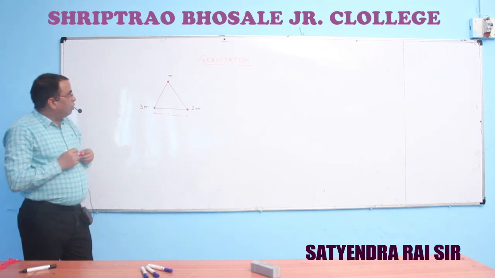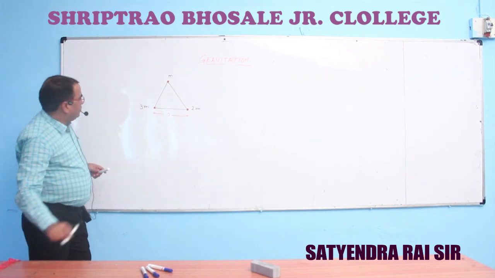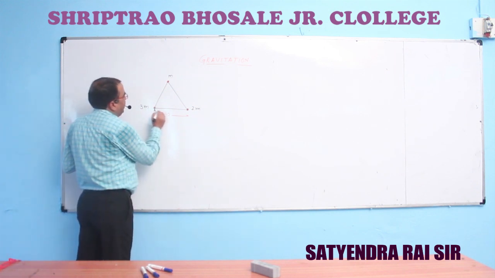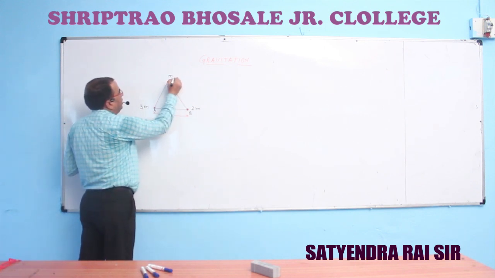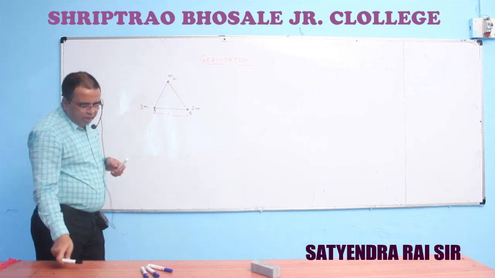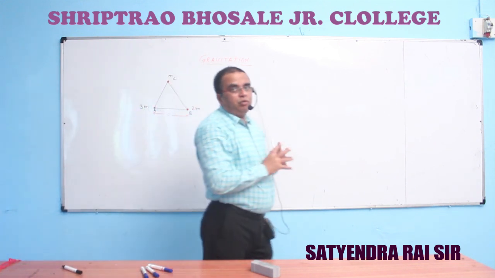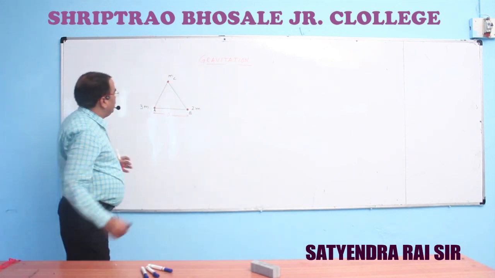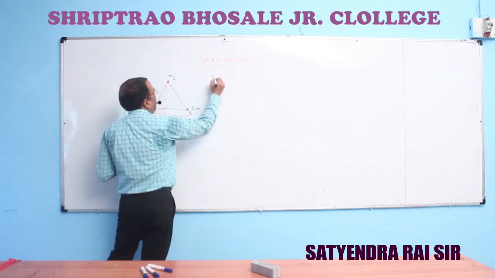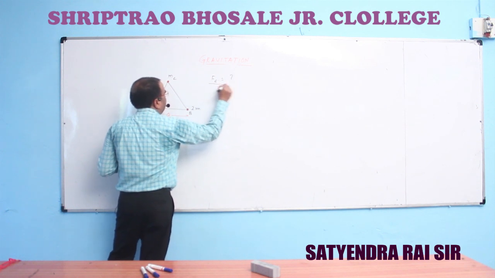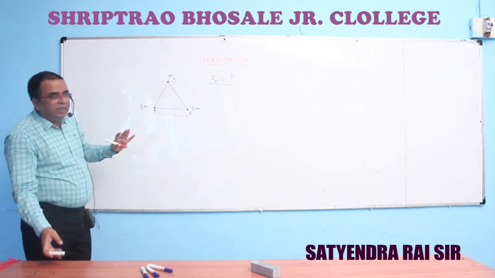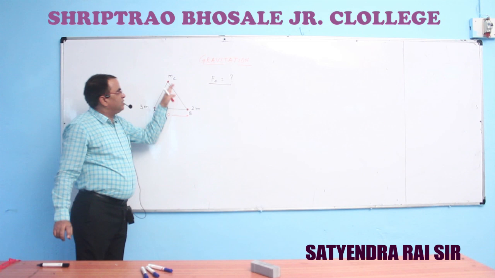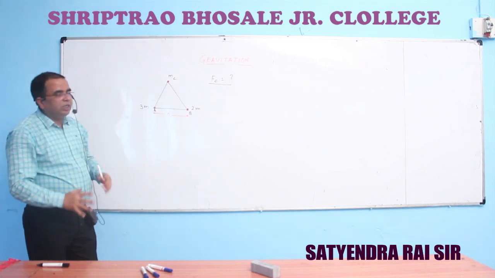Now, the 3 vertices are named as A, B, and C. If they ask you the force acting on the particle placed at C, or FC, the force experienced by the particle placed at C, how to get FC?